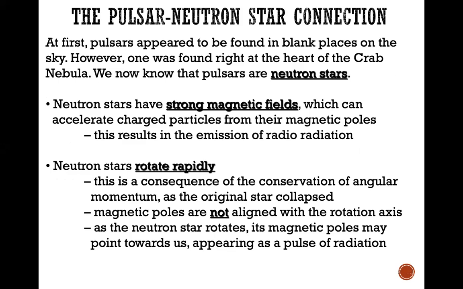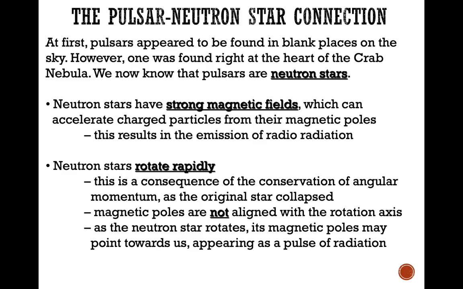Other than that, these neutron stars rotate very rapidly, and this is why astronomers first detected these rapid radio pulses: the neutron star has magnetic poles which lead to these radio pulses, and at the same time the neutron star rotates rapidly, so that you get these pulses in a periodic manner, right? But there are some things that you should note here. The magnetic poles of neutron stars are not aligned with the rotation axis.